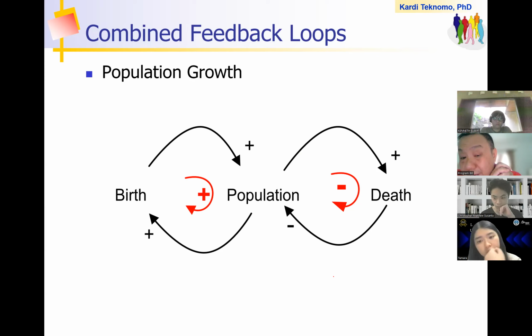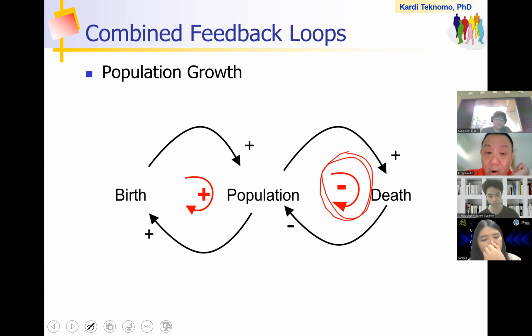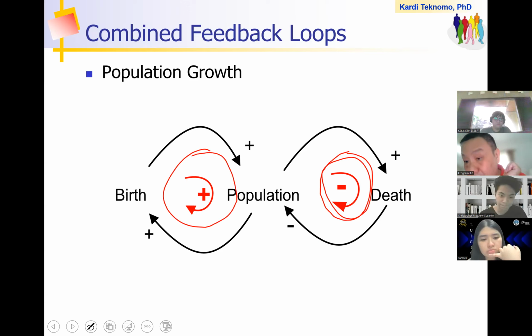When the negative feedback loop is more than the positive feedback loop, then the population decreases. The system will collapse. And if you study anthropology, for example, and history, you can see that there are many civilizations that collapsed because the number of deaths was more than the number of births.